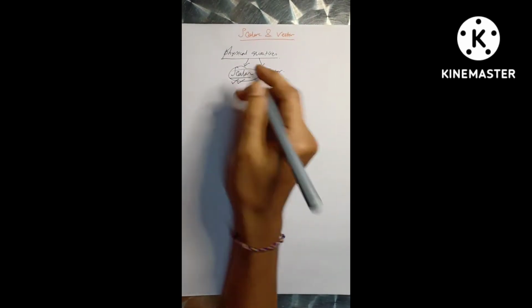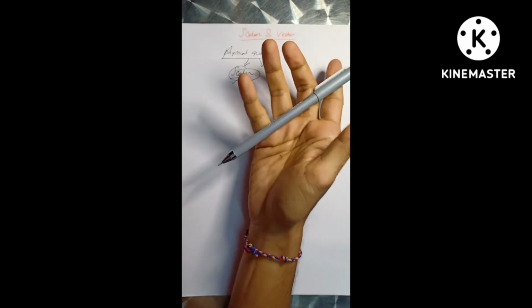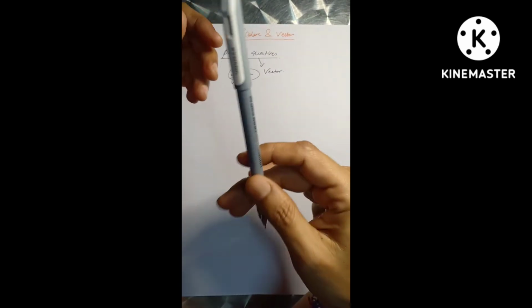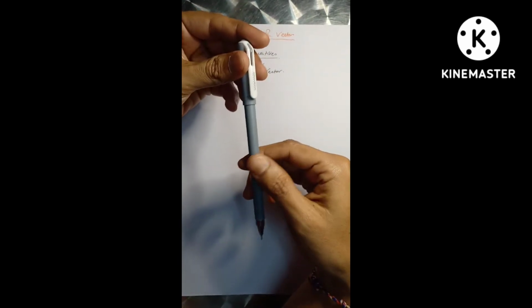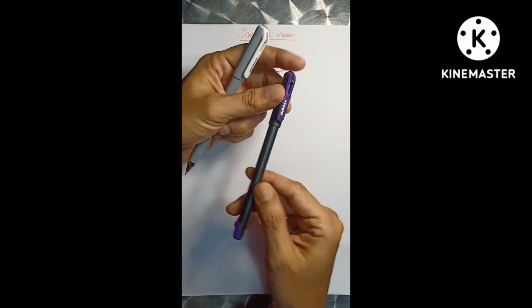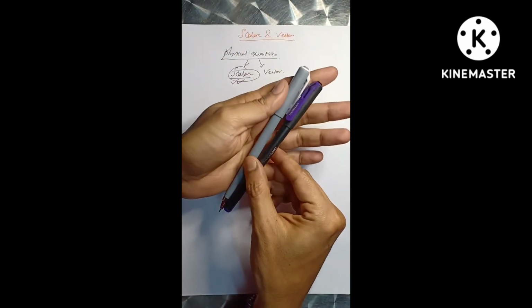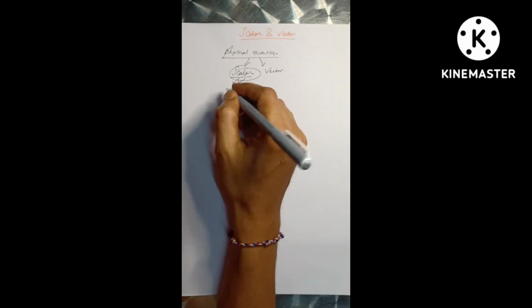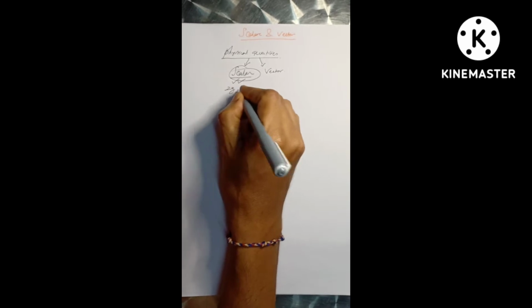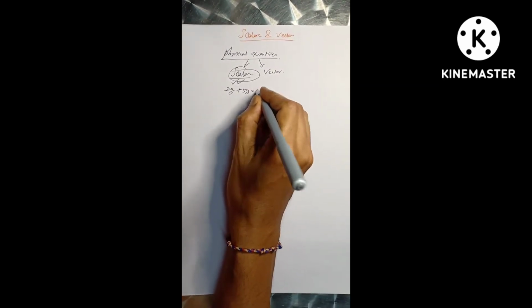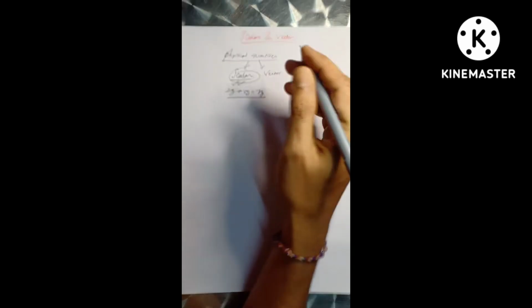Suppose 5 gram is the mass of this pen, meaning how much material is present in this pen. This is called mass, the amount of matter in this pen. If we add another pen, the sum of the two masses is just scalar addition. Let us consider 2 gram mass in this pen and another of 5 gram; adding the two gives 7 gram.